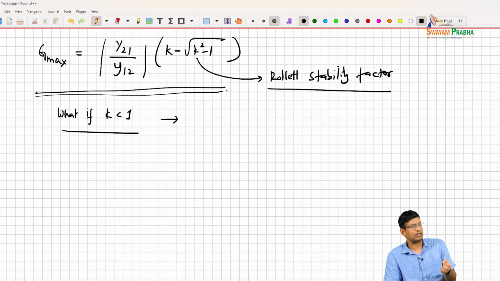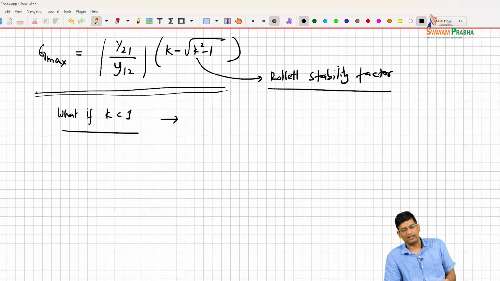An oscillation is basically infinite gain. I am not providing any input, and I am getting output at that frequency. So it is effectively infinite gain, and there is no meaning to the word maximum gain if I am not unconditionally stable.